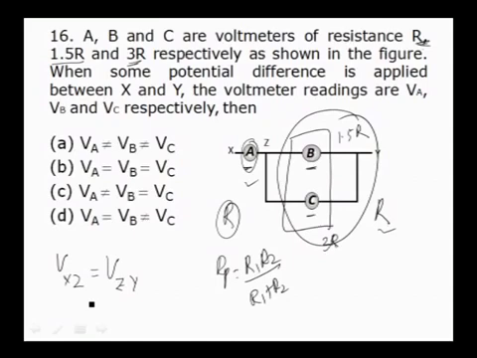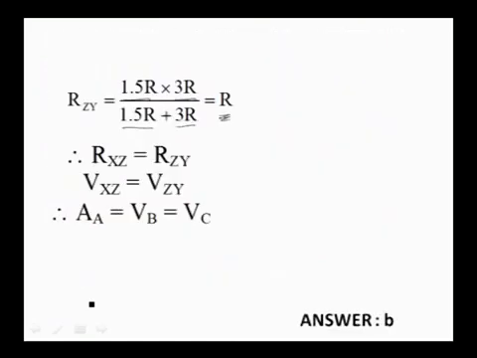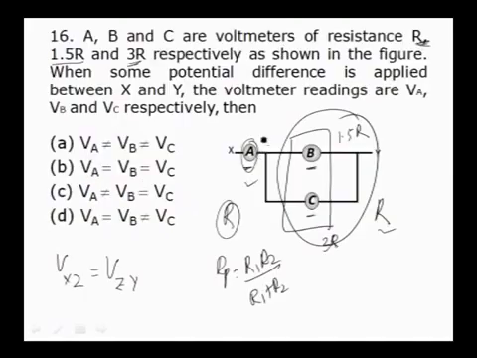Therefore Vx is equal to Vp, so the voltage across this, this, and this should be the same, no change. Therefore the correct option is B.